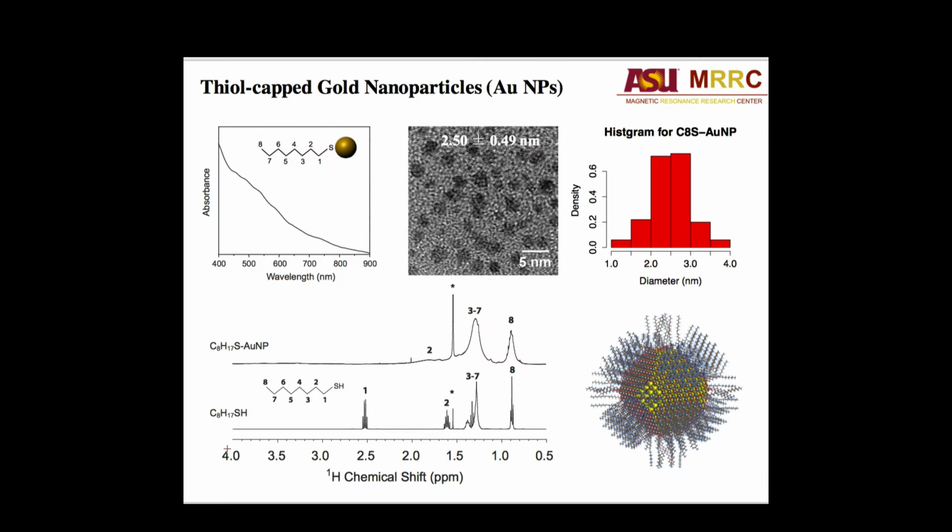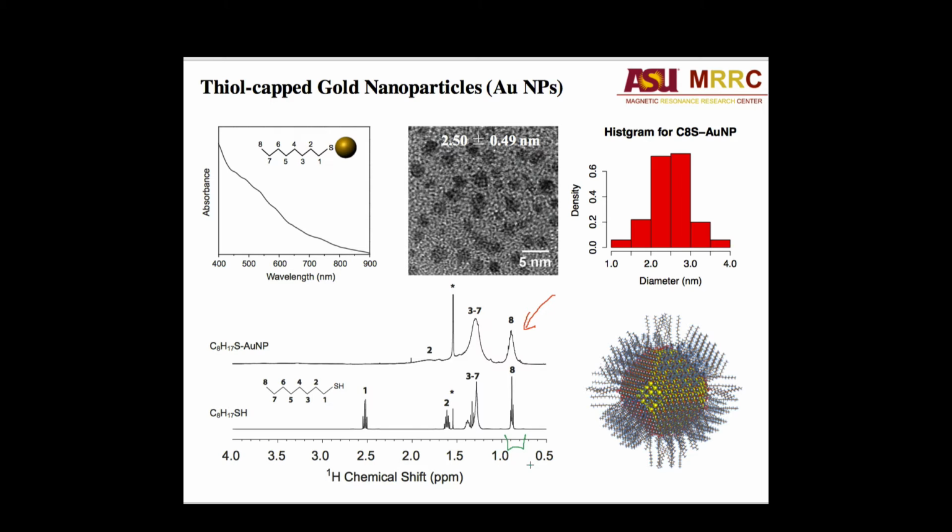Here the methyl group shows at about 0.9 ppm, and when you compare that with the methyl group in the pure octanethiol, it's very broad. And also the same thing happened for the CH2 groups. So you're basically comparing this peak right here. Yes. Number 8. Okay. Right. And also you lose the splitting patterns there.